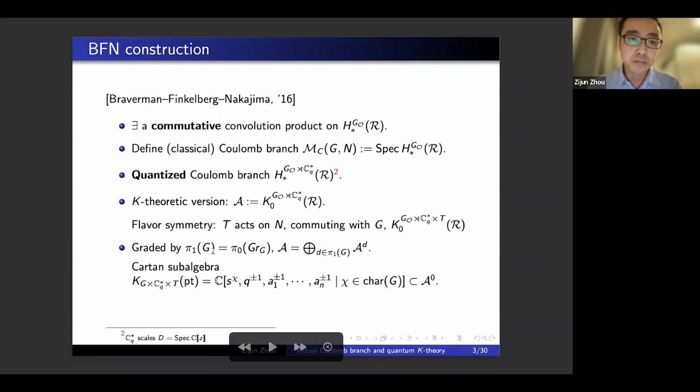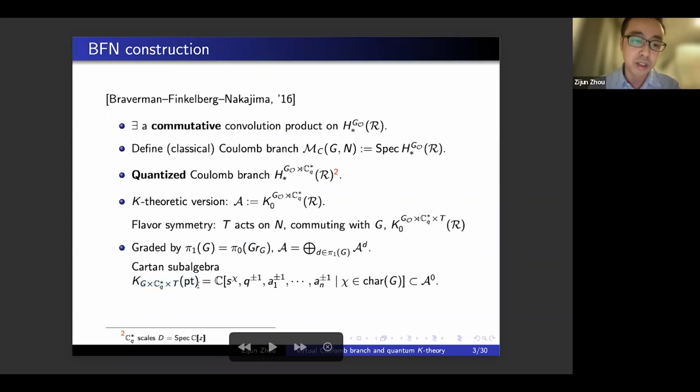And the Coulomb branch comes with a natural grading. It's graded by the connected components of the affine Grassmannian, or equivalently the pi1 of the gauge group G. So it's like this. And in this zeroth piece, there is a Cartan subalgebra, which is given by the coefficient ring of this equivariant homology or K-theory.